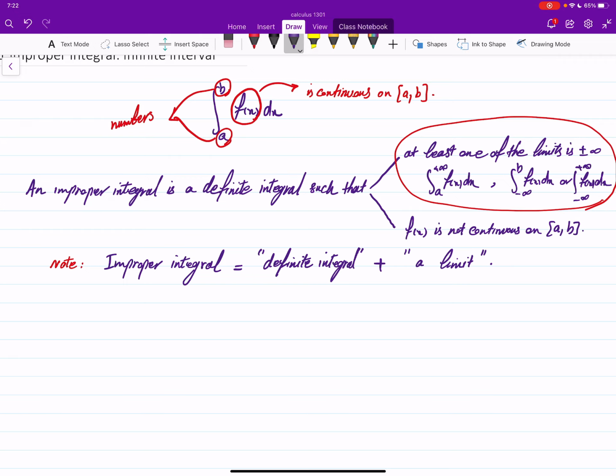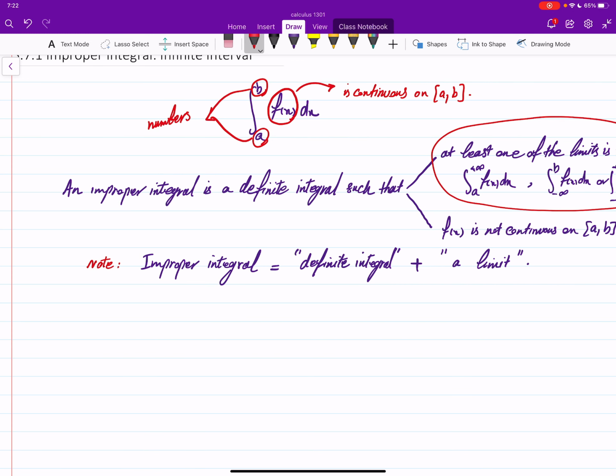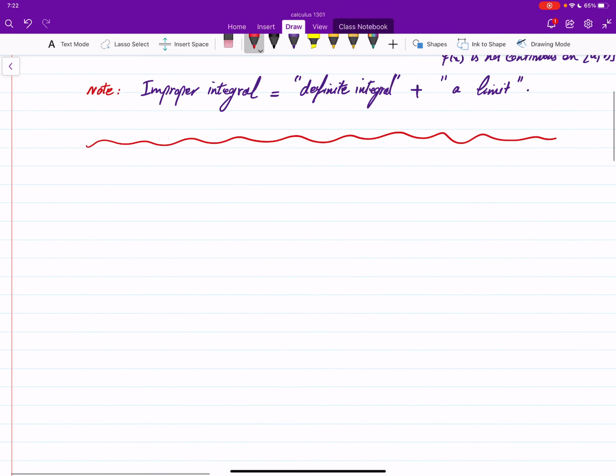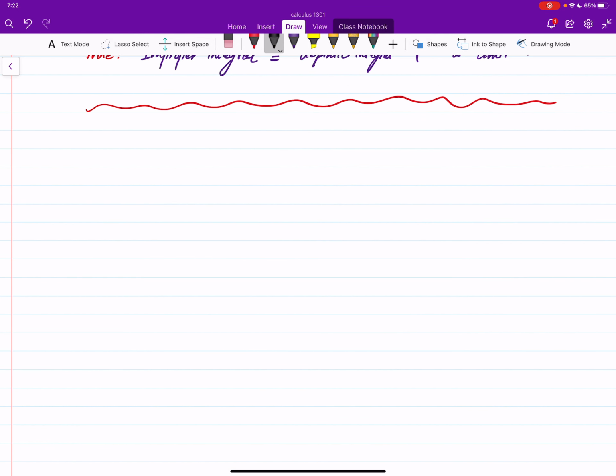Okay, just with these generalities in mind, now I can start defining what those integrals mean. For integrals of the form from a to plus infinity, I'm assuming that the function f is continuous on the interval [a, plus infinity).